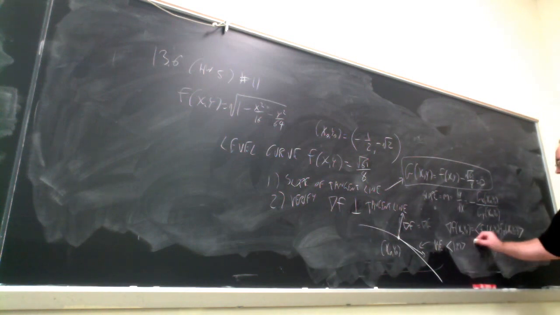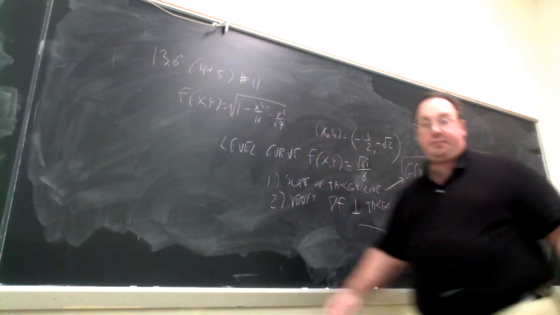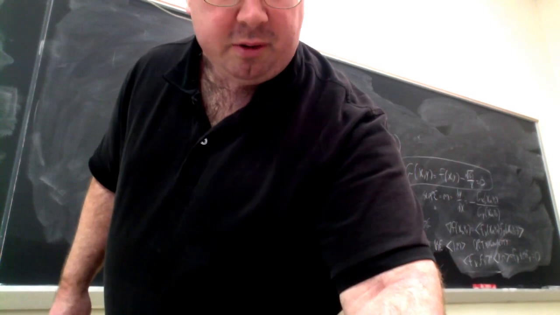To check orthogonality, check that df dx, df dy at that point, dot product with 1, m, which is just f x plus m f y, is equal to 0.